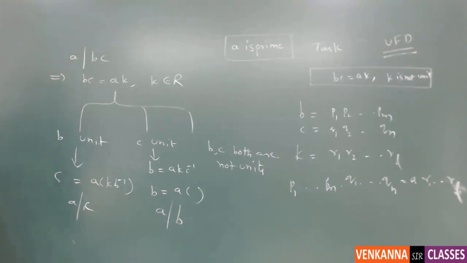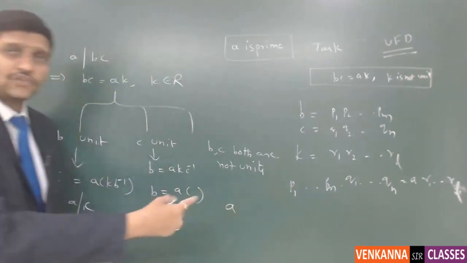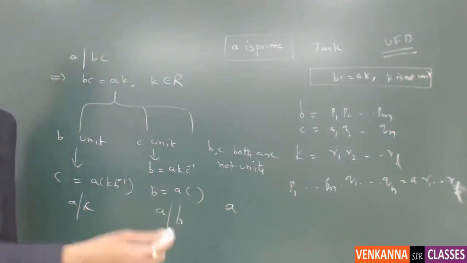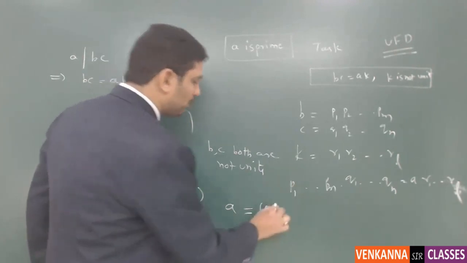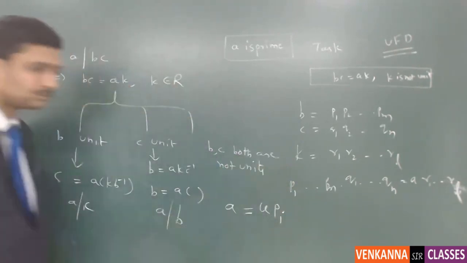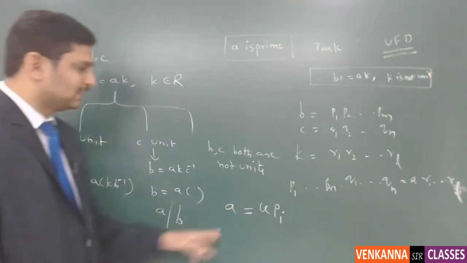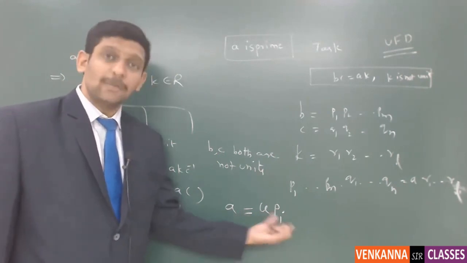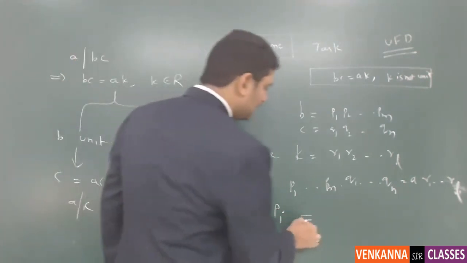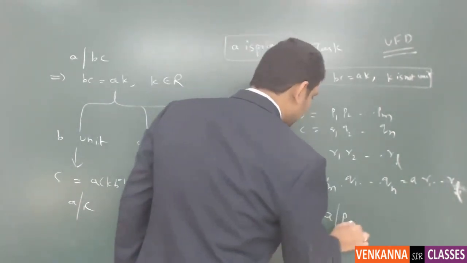Right. So, if you say that A is an associate of one of the values of P, you can say that A is equal to some unit U into Pi for some i. It means that A is written as a multiple of Pi. So immediately we can say that A divides Pi.